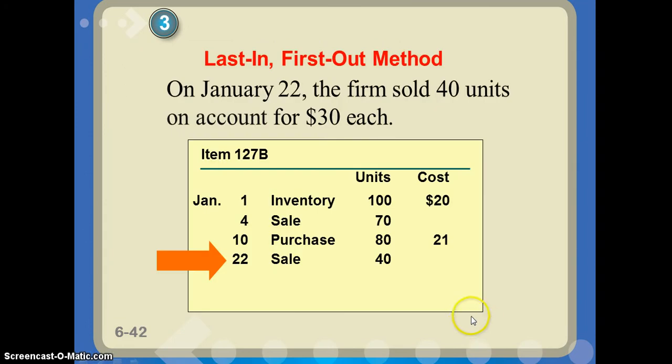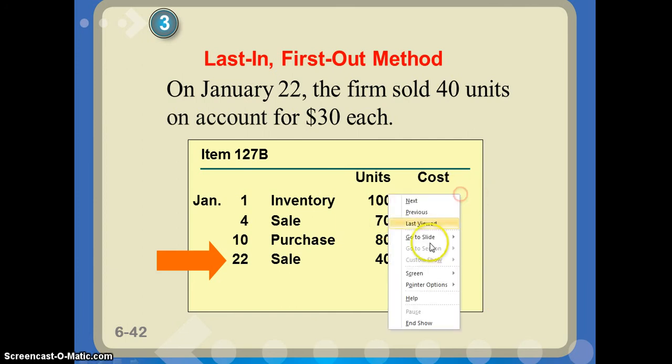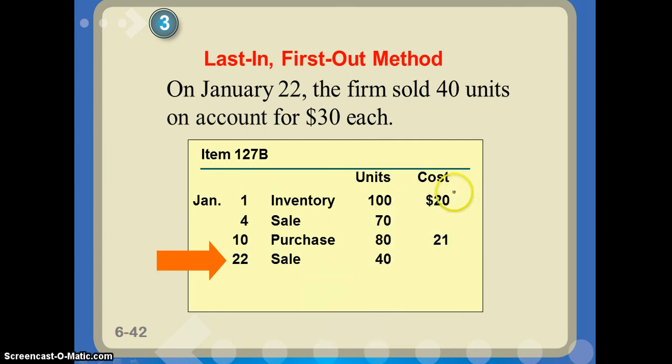Now we make another sale of 40 units. If we remember, we had inventory of 100, we sold 70. That left us with 30 at $20. Then we had 80 at $21. If we're selling 40, we're doing last in, first out. So this sale, we're actually going to sell from our last purchase.